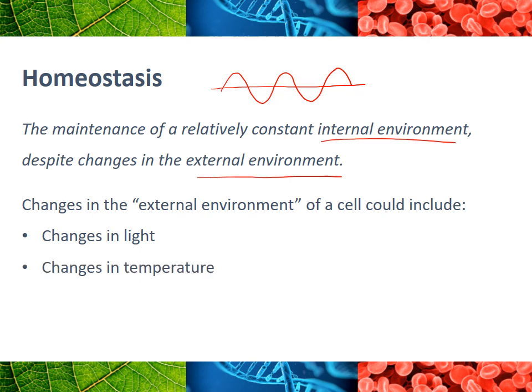Another example would be temperature. When the temperature outside increases and your body temperature goes up, responses happen to bring that temperature back down to 37.5 degrees. This last one here is probably a new term, and this is what we're focusing on.